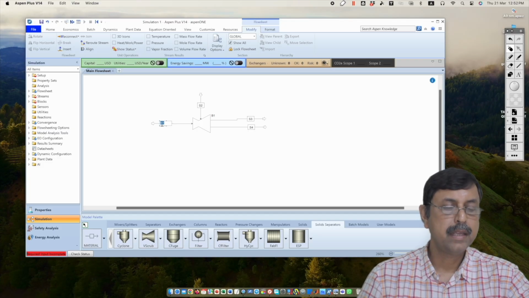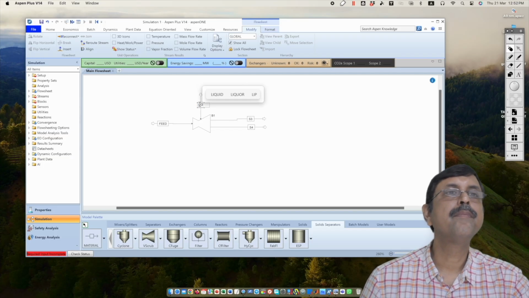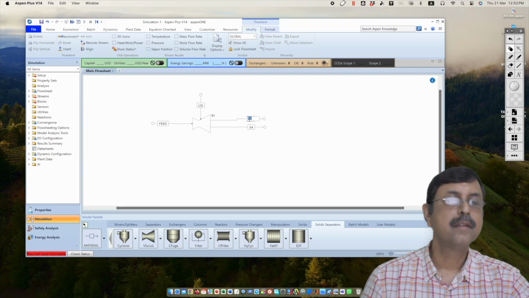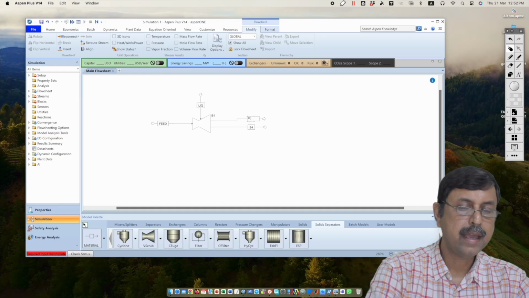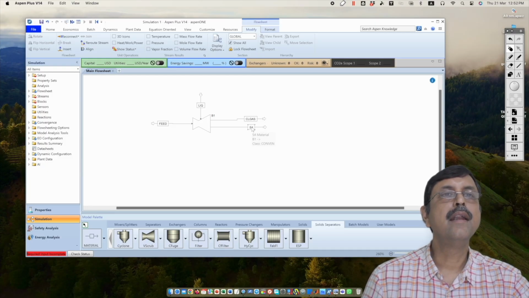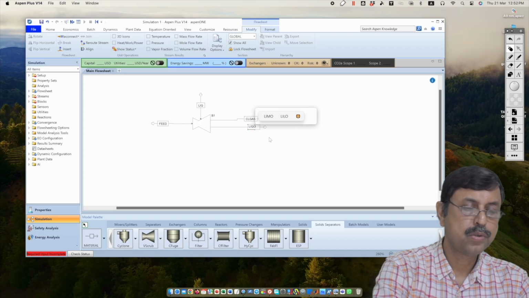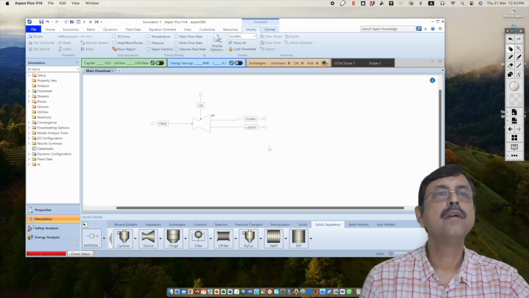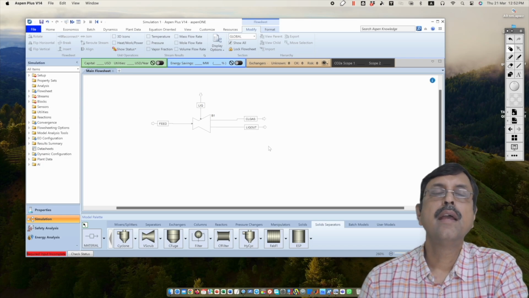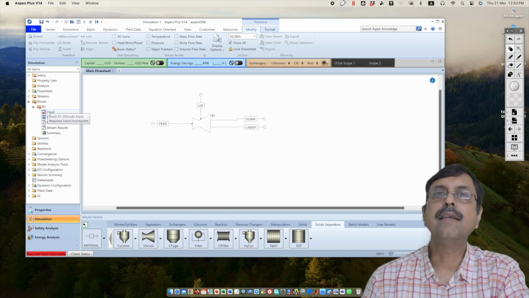Let us rename them as feed. This is liquid. This is clean gas. And let us write it as liquid out. Okay. Now let us go to the block input and see what things are needed.